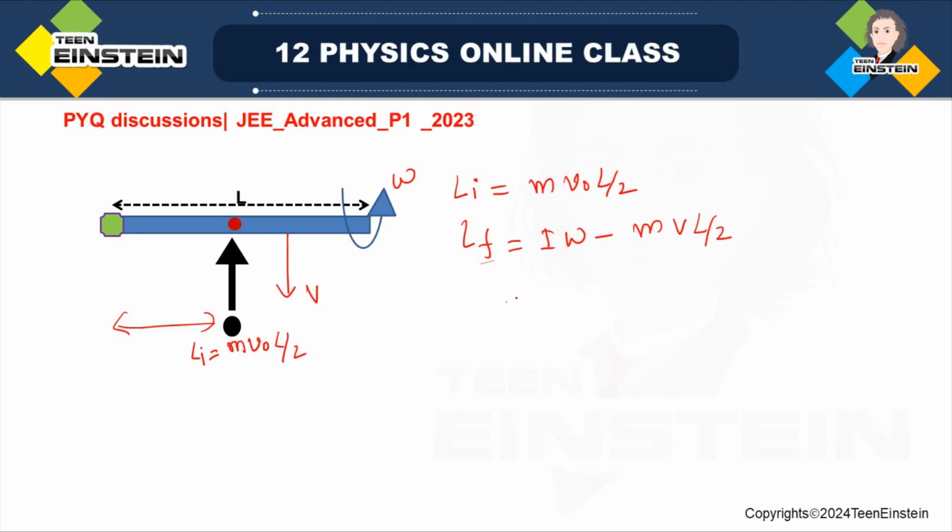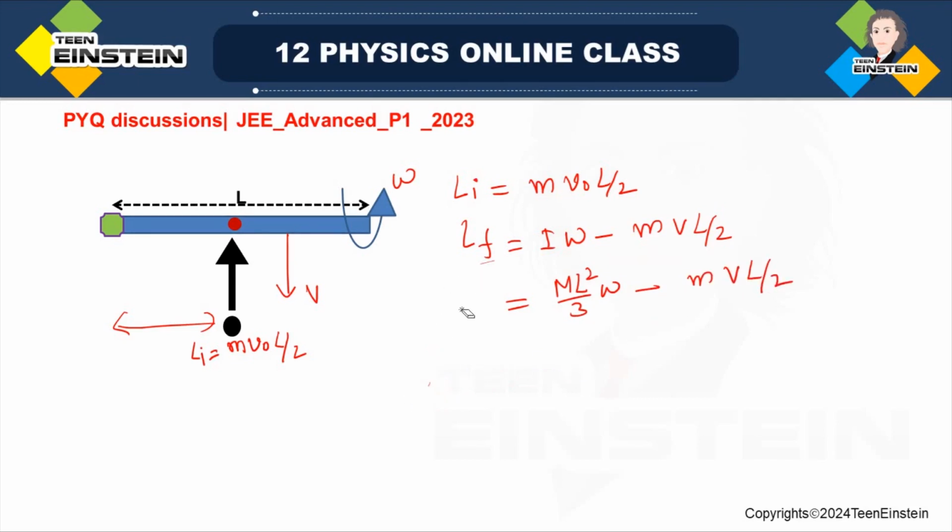Okay, so what is this I? I have to find out the moment of inertia of a bar about an axis passing through one of its ends and perpendicular to the length of the bar. So that is actually m L square by 3. Okay, and this we know, m v L by 2.